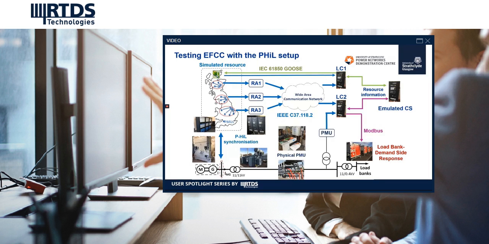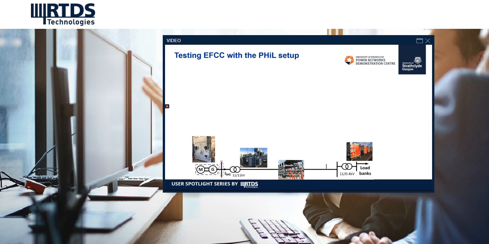So this shows a high-level implementation of the power hardware in the loop setup. The test network, as I mentioned, used 11 kV and low voltage assets. The motor generator set, as you can see here on the left, and on the right, load banks have been used as controllable resources, which are deployed as a frequency response in the form of load shedding or load curtailment.